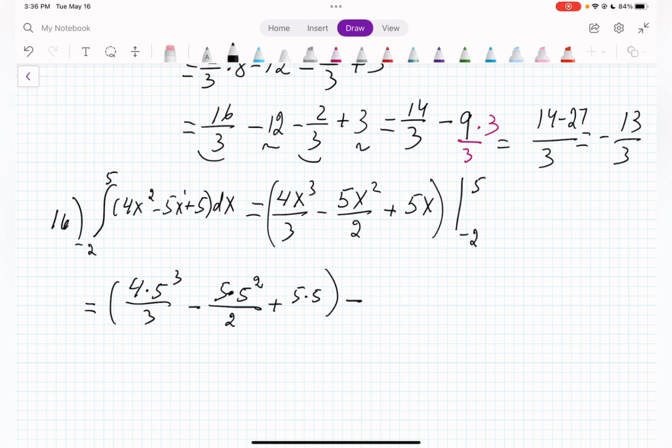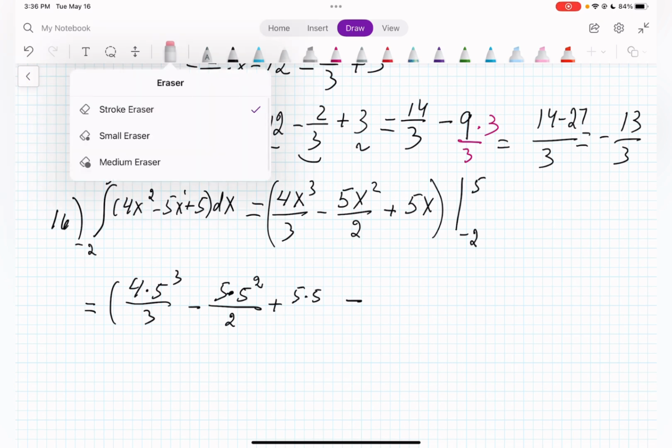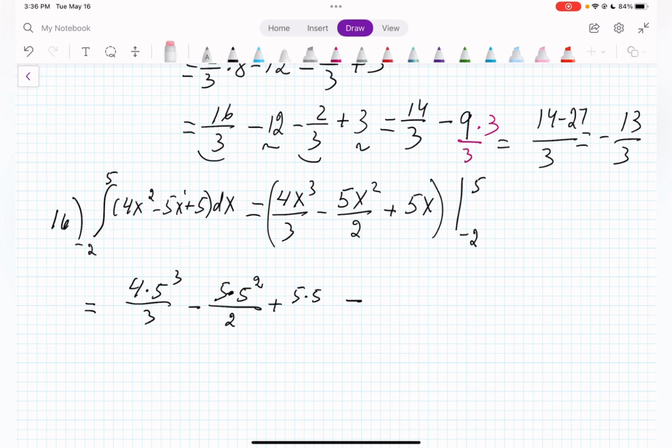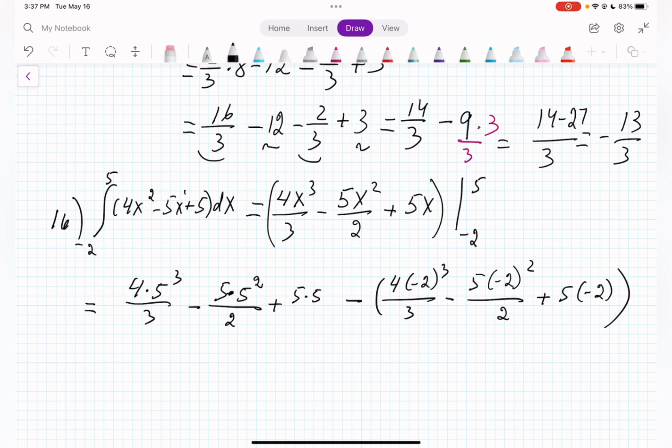Now minus, and actually I can take this parenthesis off, I need parentheses here because I have a negative: 4 times -2 to the power 3 over 3 minus 5 times -2 to the power 2 over 2 and plus 5 times -2. All right, let's get going.